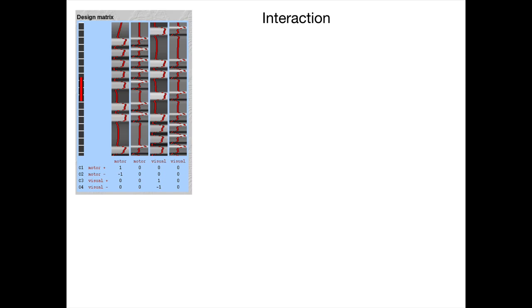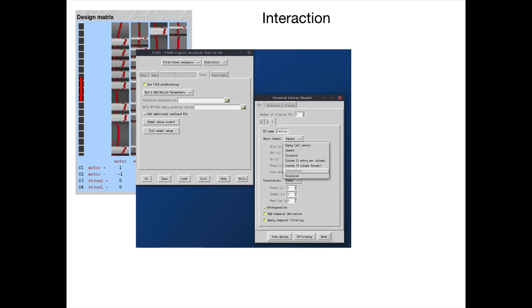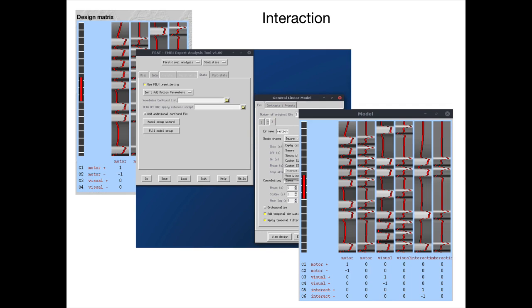The basic analysis that we set up models only the motor and the visual stimuli separately, but we are asked to set up a third EV which models the interaction. You will see that the interaction term corresponds to when the motor and the visual stimulus were both on. You will see the results at the single subject level and also at the group level.